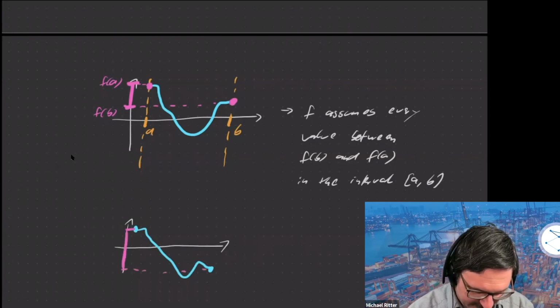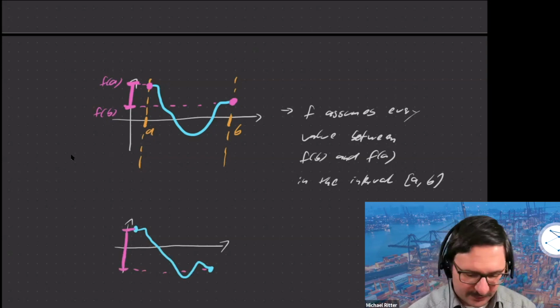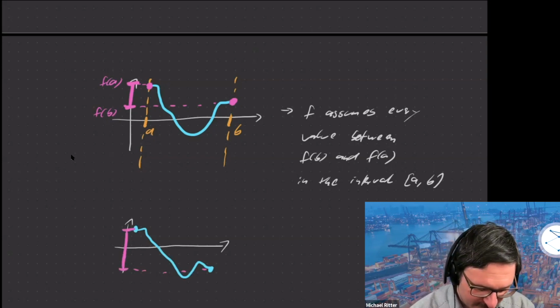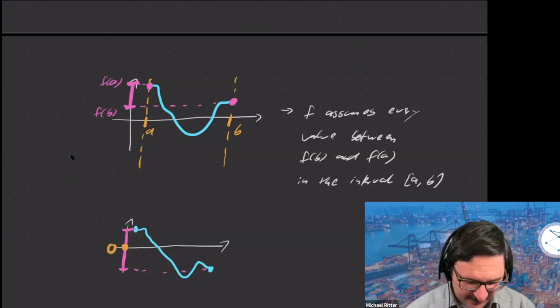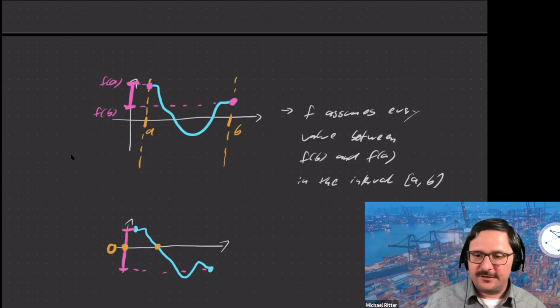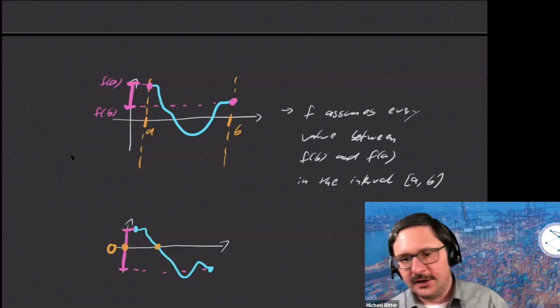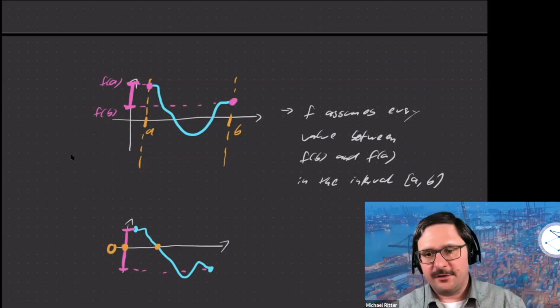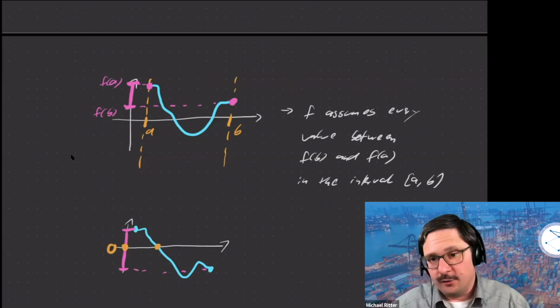One specific value in between those two points is 0. So in this case, that means the function has a root. It has a positive function value, it has a negative function value, so in between those two, it must have a root somewhere. It could have more than one, of course.